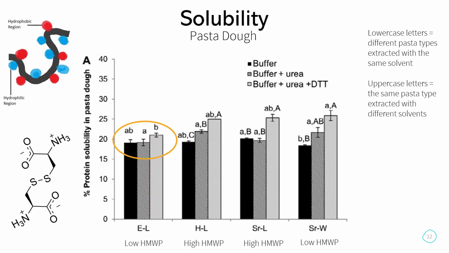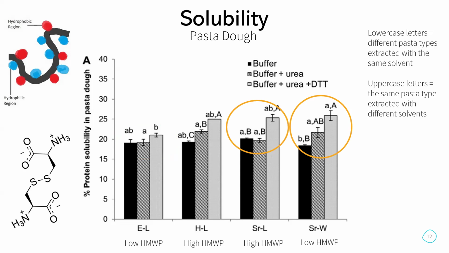If we look at EL, this one was a little bit unique because it was mostly not changed by the different solvents. The authors said this was most likely because this is one of the samples that was low in high molecular weight prolamins. These 2 samples are of the same variety but grown in 2 different locations.